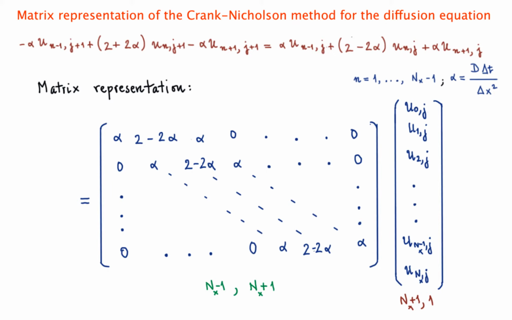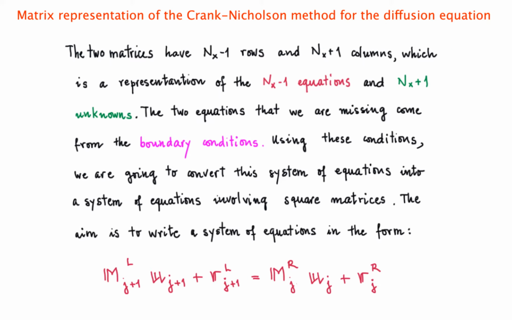In these methods we again have nx minus 1 rows and nx plus 1 columns, the same thing we said about the full implicit method. That's a representation of the nx minus 1 equations, and we have nx plus 1 unknowns. The two equations that we are missing are related to the boundary conditions.